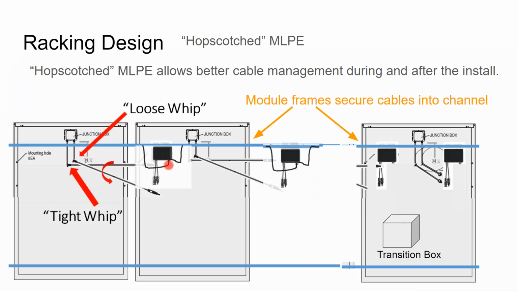And so if you're using these module level panel electronics, which are quite popular, you'll plug into the optimizer. Your module frame will secure the wire into this rail, and then at the tail end of the process, the very last module on the row gets two optimizers underneath it, one for its next door neighbor and the other plugged in kind of traditionally.